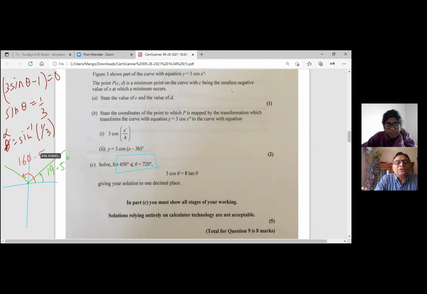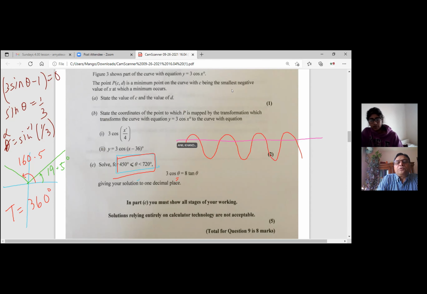However, these two angles are not in the required domain. Now, the time period is 360 degrees. So that is the next cycle, right? This is a sine wave, so you have to add 360. For example, you got these 2 points, but you have to find the next 2 points, until we get into the domain.